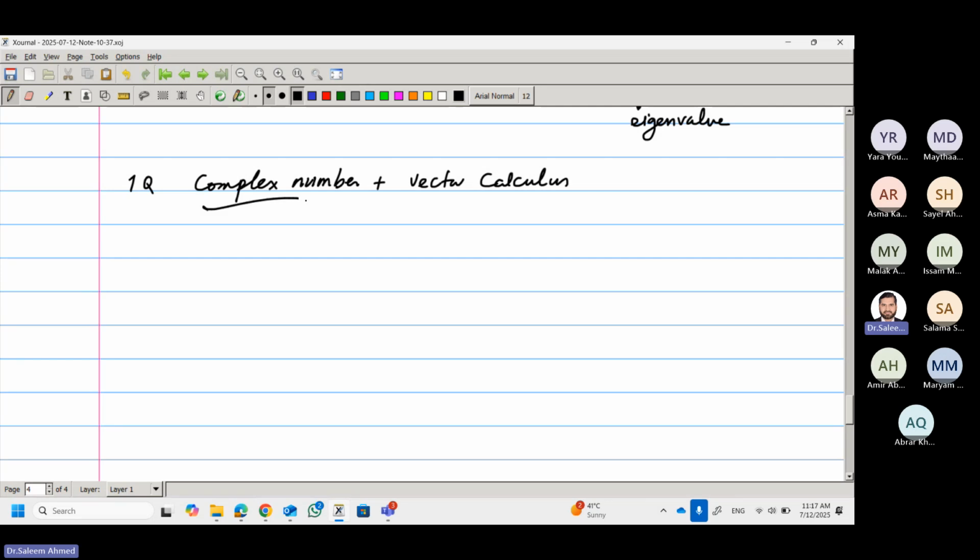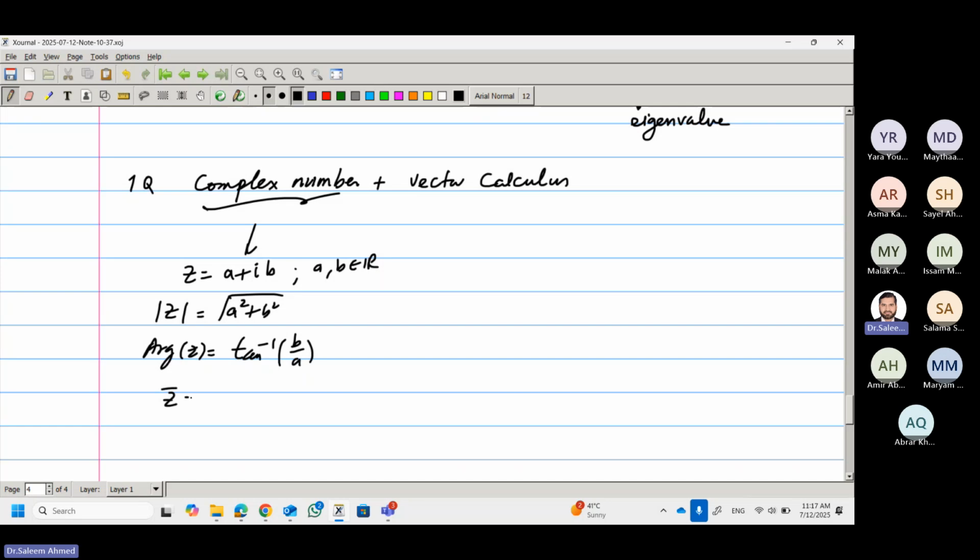So in complex numbers, you should know that if a complex number is given as a plus iota b, where both a and b are real numbers, then you should know how to find the modulus of z: square root of a square plus b square. How to find the argument of z, which is the angle it makes with the x-axis, and the conjugate, z bar, which is a minus iota b.